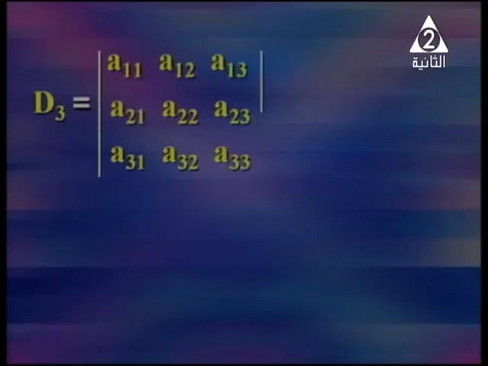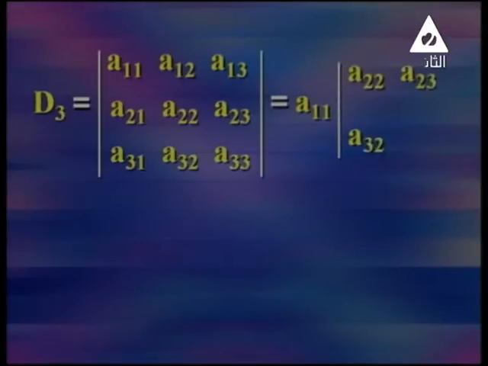A12, A13, first row, second A21, A22, A23, second row, third row, A31, A32, A33. We can evaluate the determinant by using a row or column. It has 3 rows and 3 columns. It equals the first element A11 by its determinant, the square determinant A22.